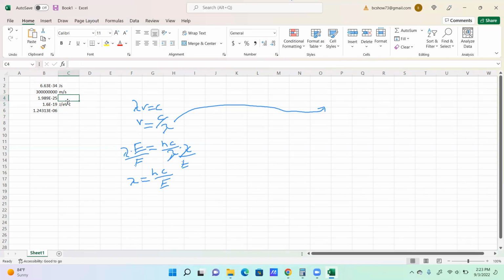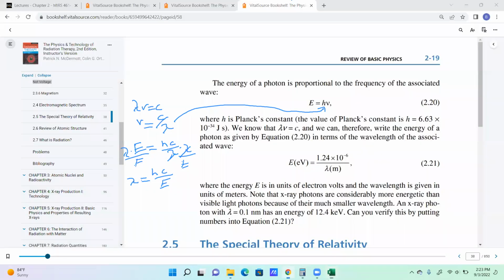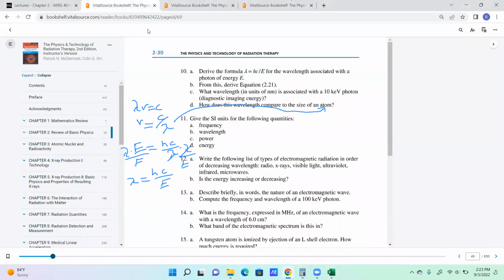And if I divide that by the joules per eV, then I end up with eV times meters. That's essentially what that unit is up on the top. So that's where that comes from, and that's the answer here to part B.